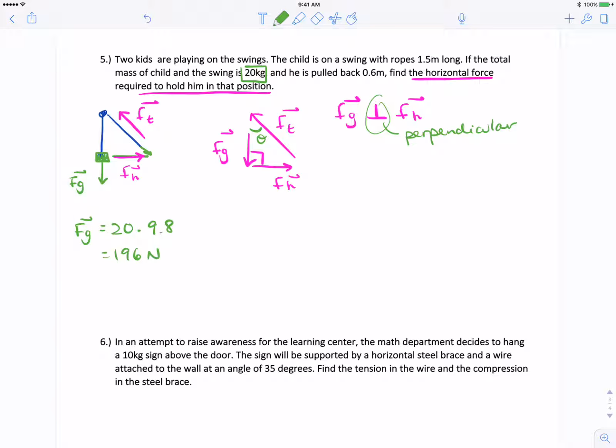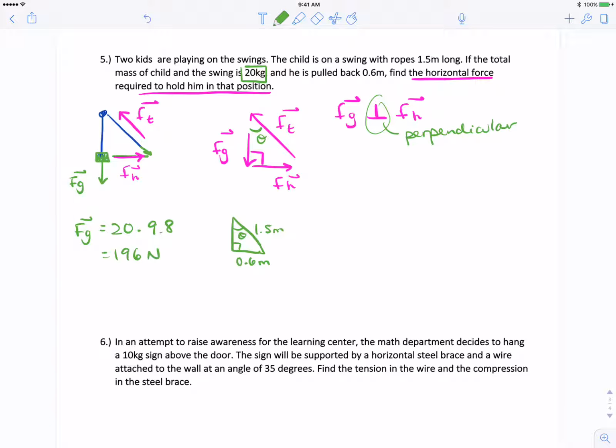So I'm trying to solve for an angle, and I'm not talking magnitude, I'm just talking lengths. I know my distance, if this were just a distance triangle, is 0.6. Do I know the distance of my rope? Yeah, so I actually have 2 steps to do before I can solve anything. The first step is to just envision that this is a triangle, the same right-hand triangle, where this is 0.6 meters, and this is 1.5 meters long, because it allows me to solve for theta.